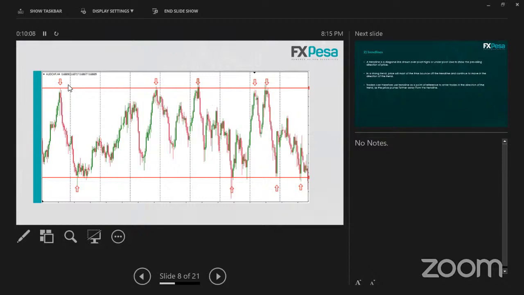So if you have a first confirmation, a second confirmation on the top, and also a first confirmation and then a second confirmation on the bottom, you can try to react on the third confirmation or any other point, and be keen while trading of something that we call a breakout.